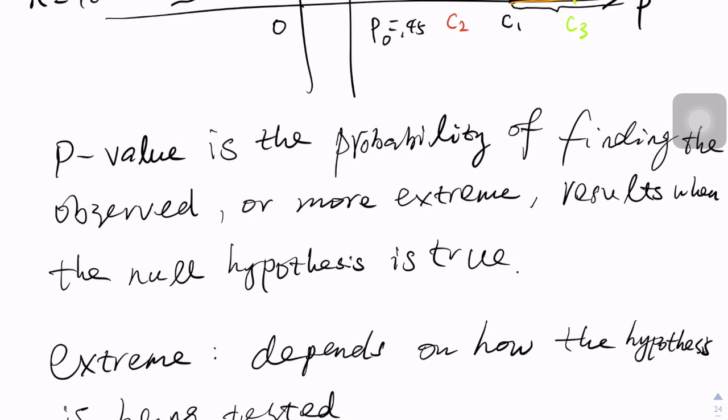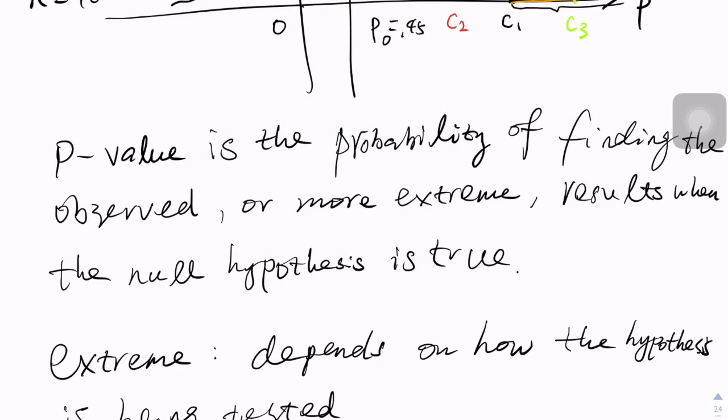It says the p-value is the probability of finding the observed or more extreme results when the null hypothesis is true. The first time I saw this definition, I found it pretty hard to understand. But I started thinking, can I find some keywords to understand it deeply?